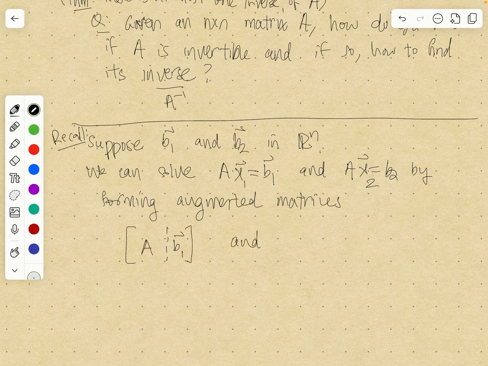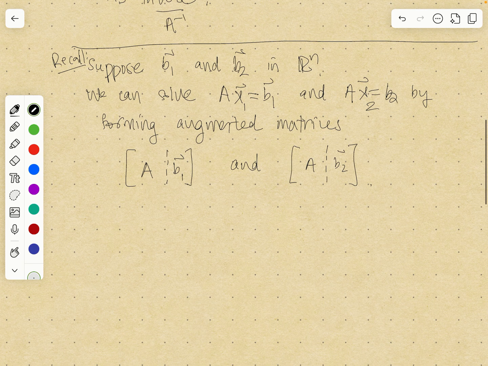And obviously you would do the same thing for b2. You would row reduce this matrix until A is in echelon form, or better, reduced row echelon form, and then you really can just see what all the solutions to Ax equals b are.